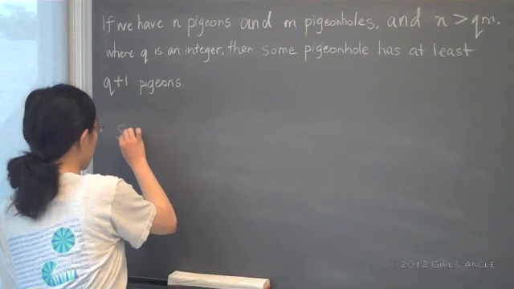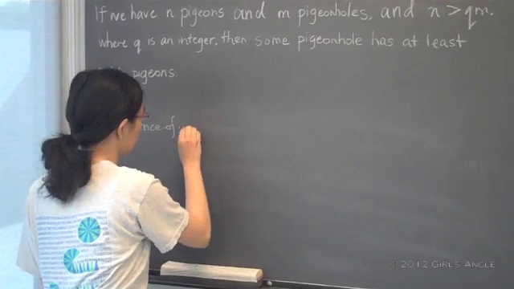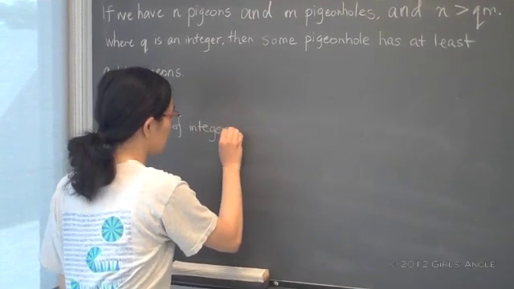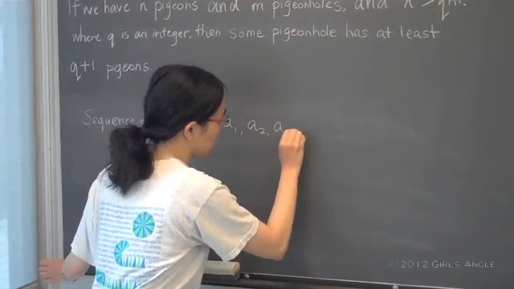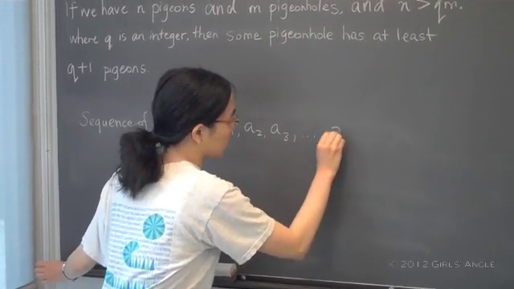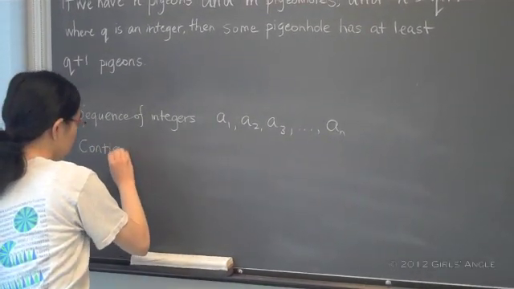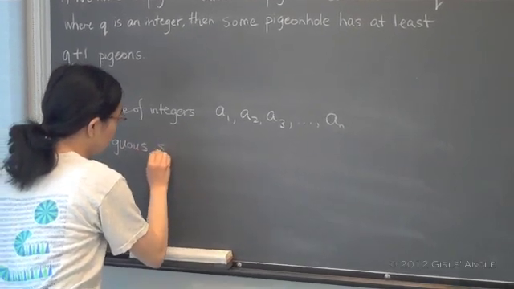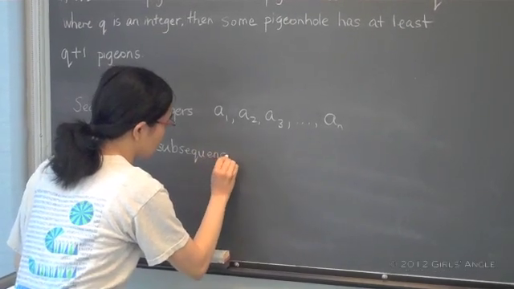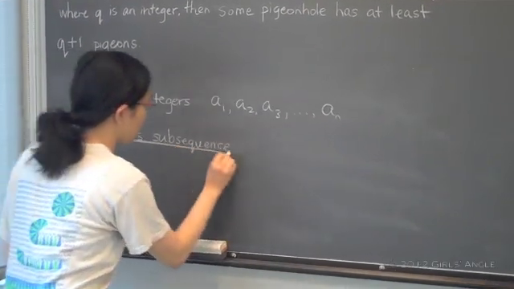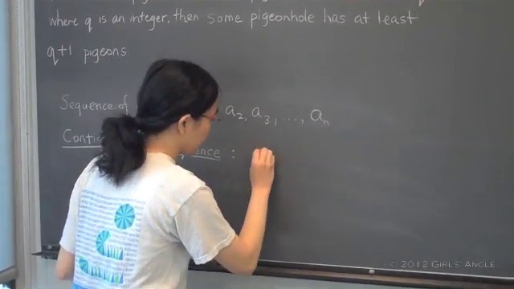So, given a sequence of integers, which we'll call A1, A2, A3, all the way until the nth term AN, a contiguous subsequence is a subsequence of the form Ai.